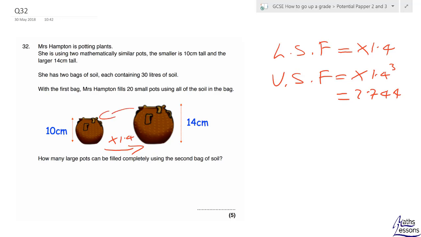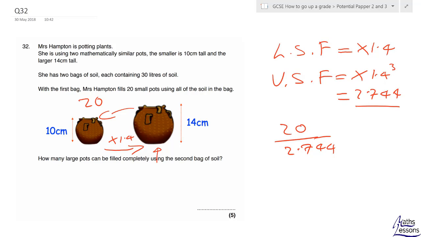She has 2 bags, each containing 30 litres of soil. She's got 20 small pots using the soil in the bag. Now, obviously, each large pot is going to take up 2.7 times as much soil. So therefore, we want to do 20 divided by 2.744 to find how many large pots she can do.